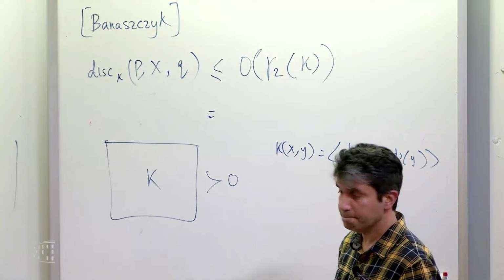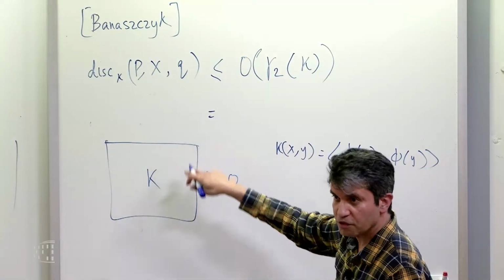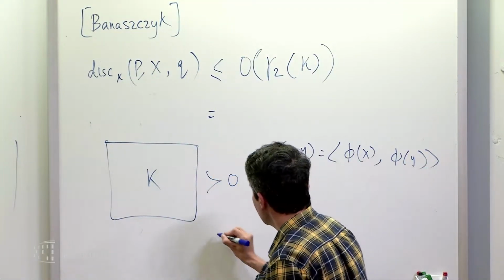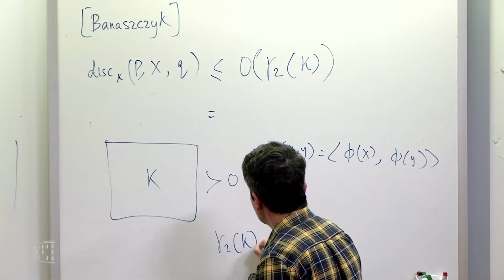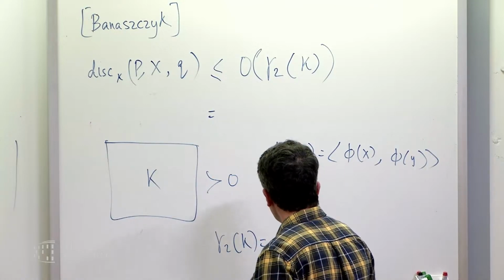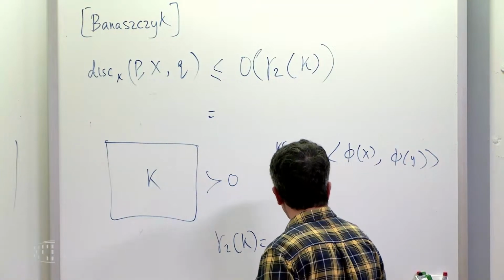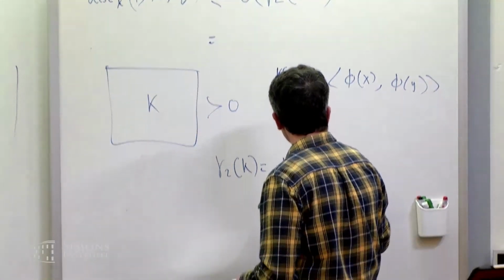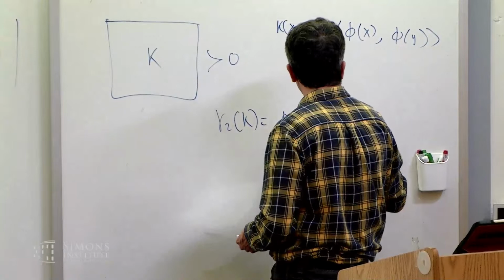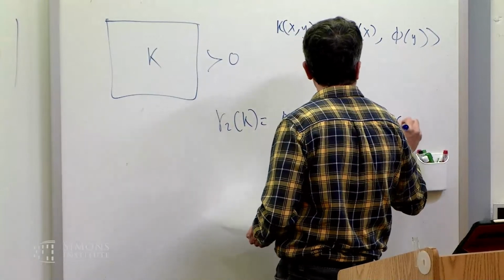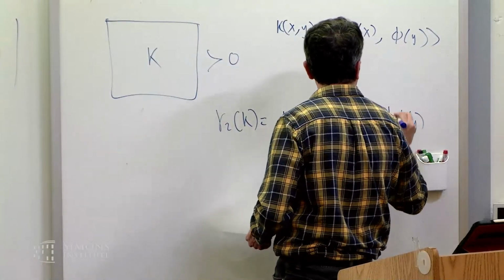Okay. What's the gamma 2 norm of this matrix? The gamma 2 norm of this matrix is just the maximum of the phi x norms times the maximum of the phi y norms.